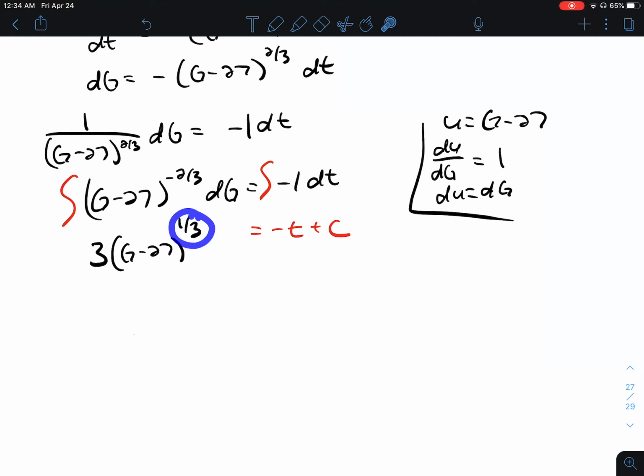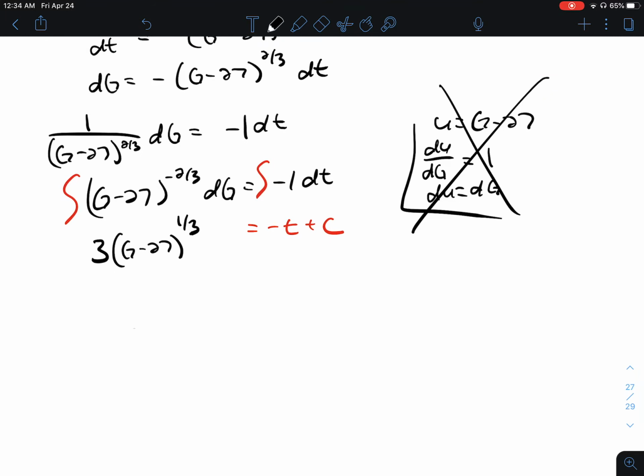Subtract 1 from the exponent, it's a negative 2/3. This would be the chain rule if we're going to take the derivative. Derivative of the inside is 1. That's why we didn't have to do anything. We didn't have to do this u substitution, which I actually didn't do for this. If that makes you uncomfortable, do the full u substitution. If this derivative is not 1, you do have to use the u substitution.